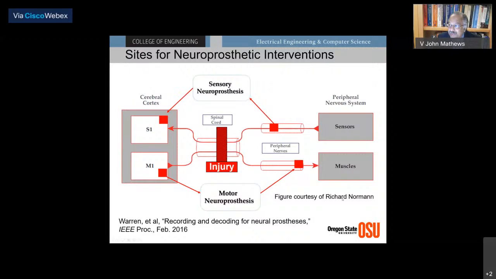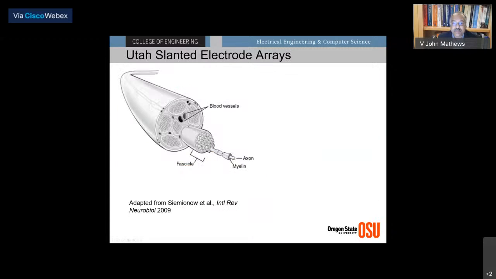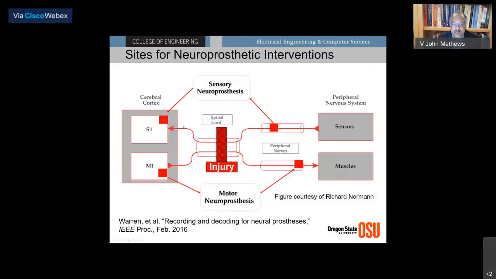So let me start with this. The nervous system in the human body consists of two main parts. One is the central nervous system that consists of the brain and the spinal cord. And then you have the peripheral nervous system.